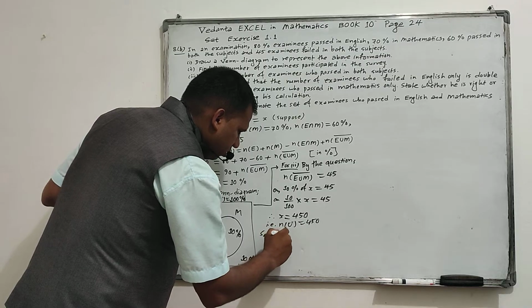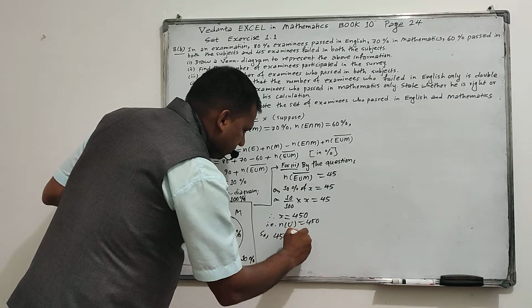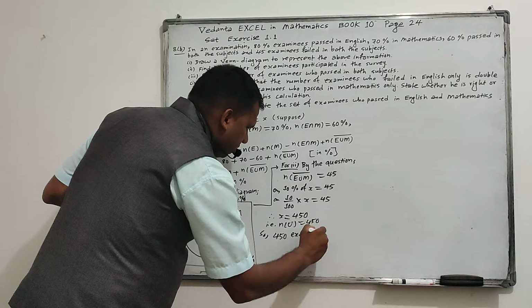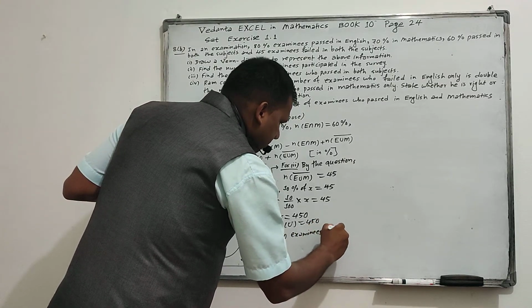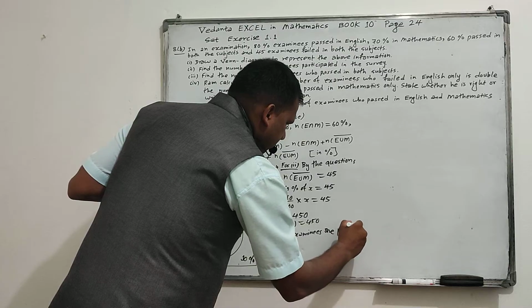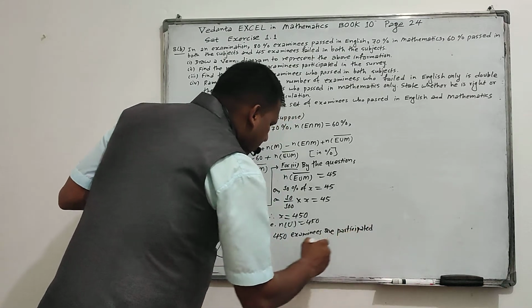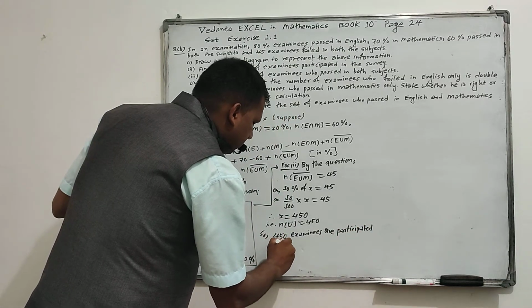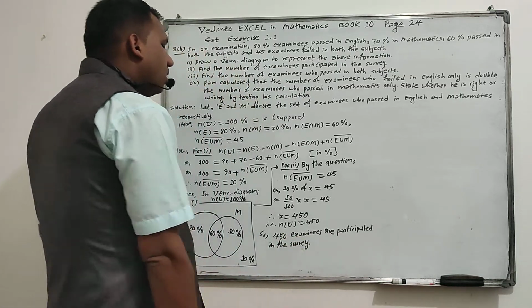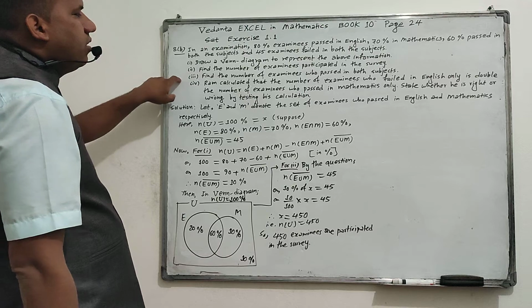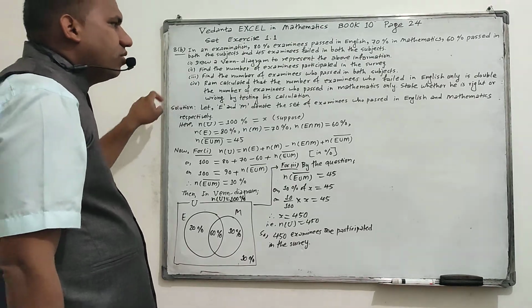So 450 examinees participated in the survey. Now for 3, find the number of examinees who pass in both subjects.